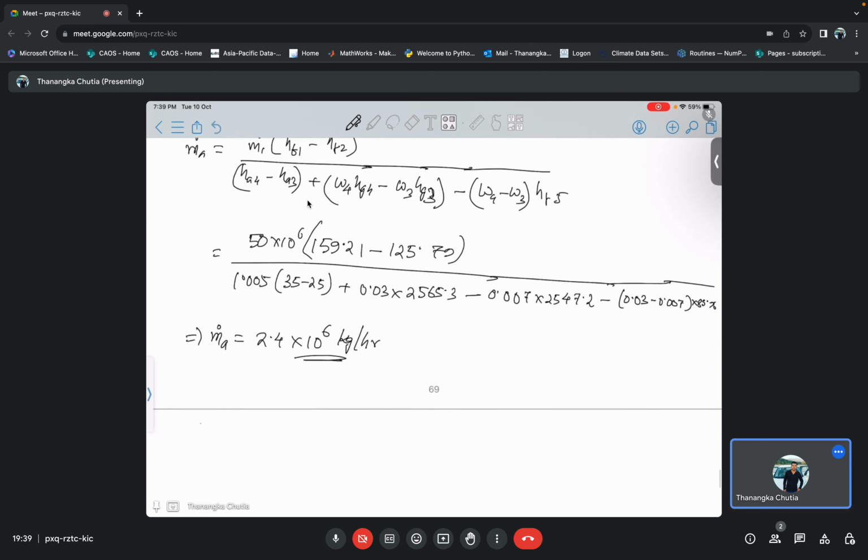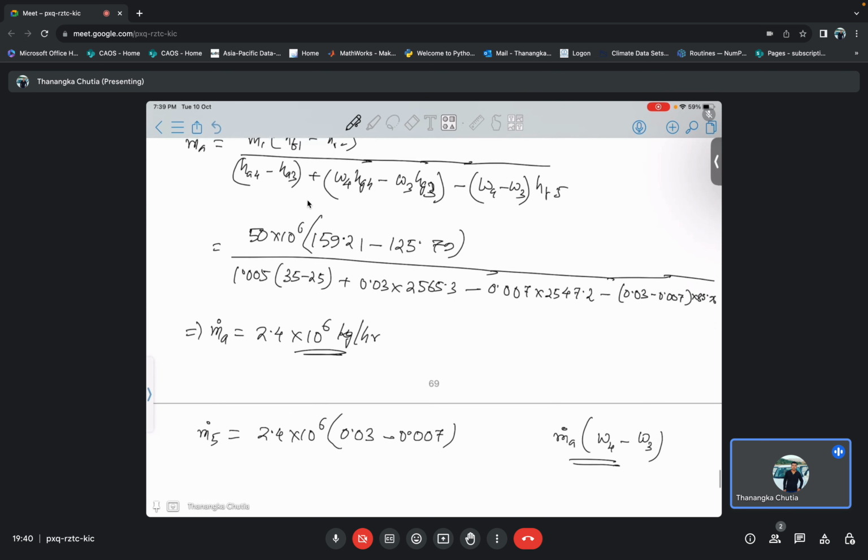Therefore m5 dot is equal to 2.4 into 10 to the power 6 into 0.03 minus 0.007, because this is basically ma dot into w4 minus w3.